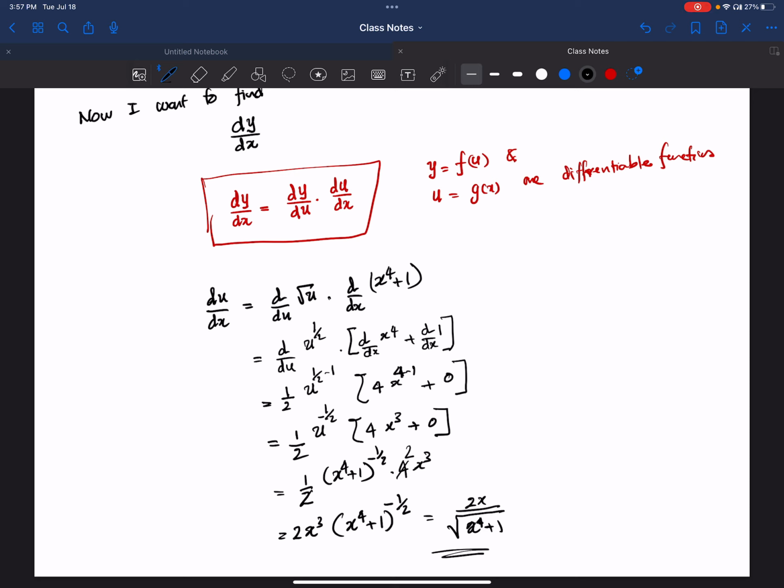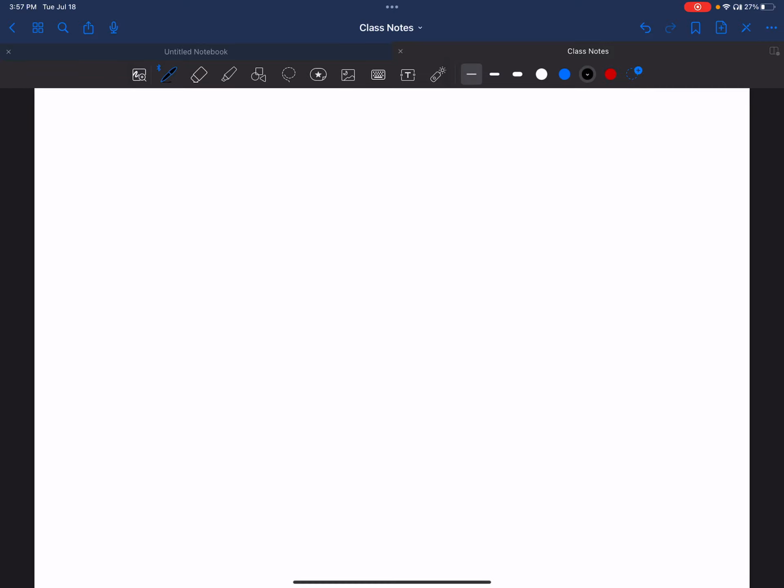Now it's just a matter of identifying what the composite function is in here. Let's do another example using the chain rule. What you're using here is the chain rule, the summation rule, and also the constant multiple rule.